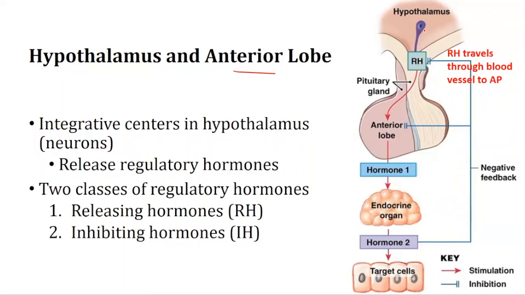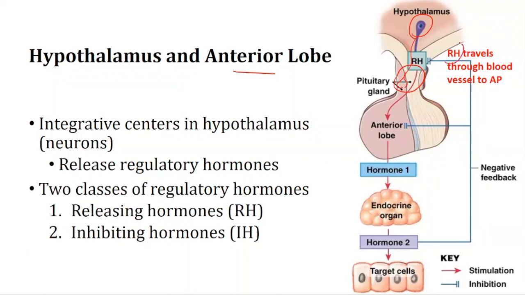These hormones produced by the hypothalamus travel through specialized neurons, and they are released into the capillaries a bit earlier, near the infundibulum. These are released into the capillary bed over here, and then from there, the hormones travel to the anterior lobe through the blood vessels.